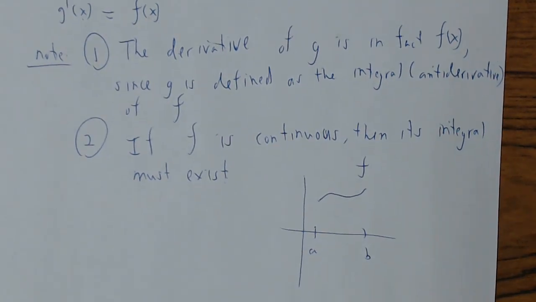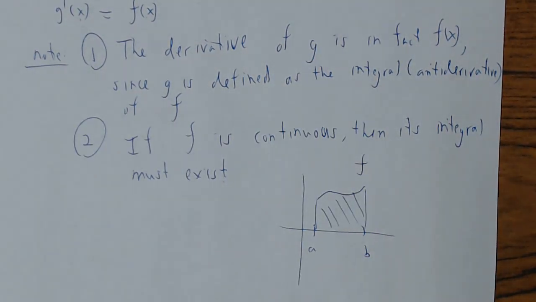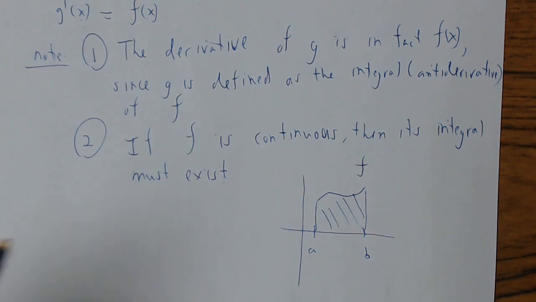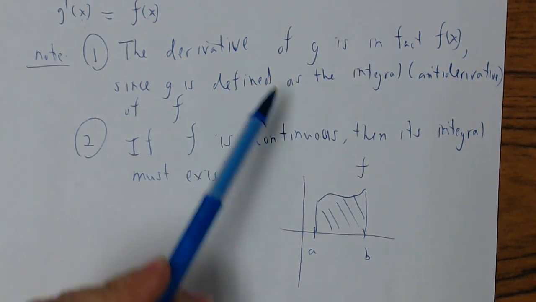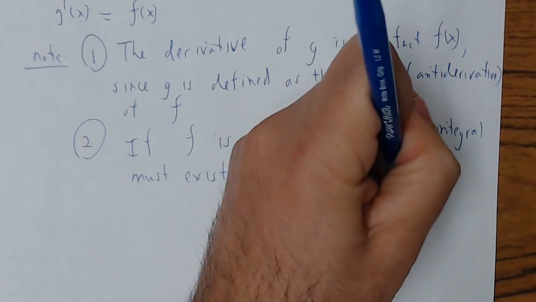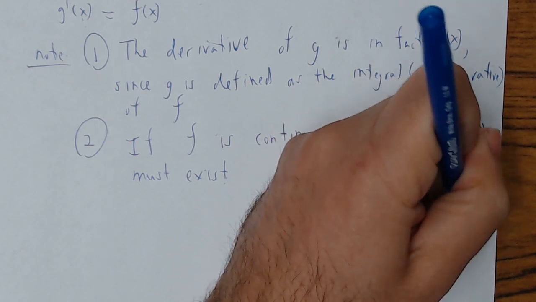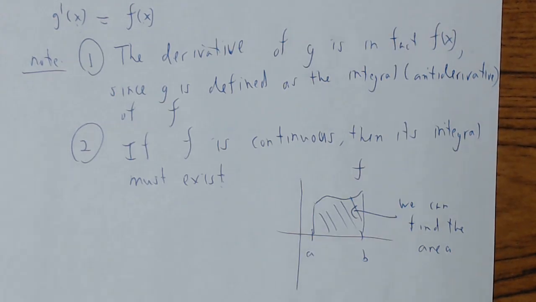Well, if it's continuous, can't I close this off, and doesn't it have an area under the curve? And the integral is the area under the curve. So obviously, if we can find the area, then the integral must exist. So we can see that if f is continuous, then the integral has to exist.